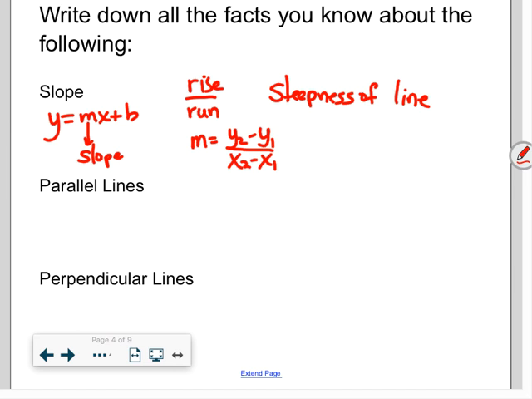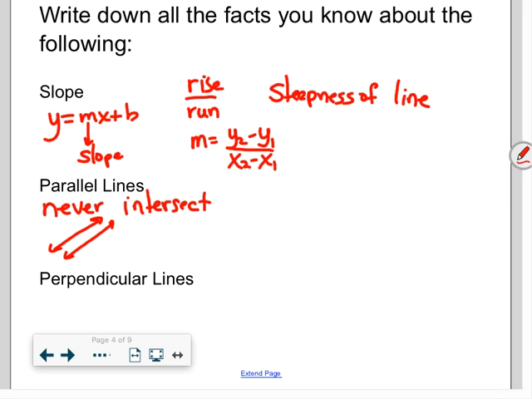Okay, what do you know about parallel lines? Anything at all about a set of parallel lines? Never intersect. Awesome. Okay, they never intersect. Anybody remember some geometry or algebra 1?